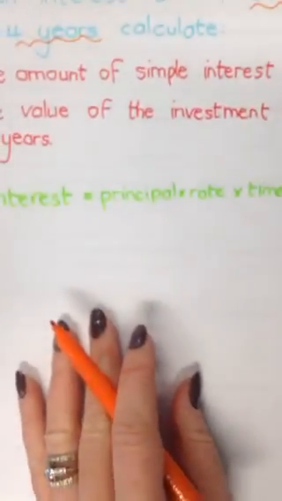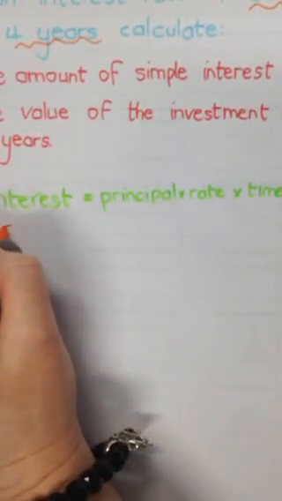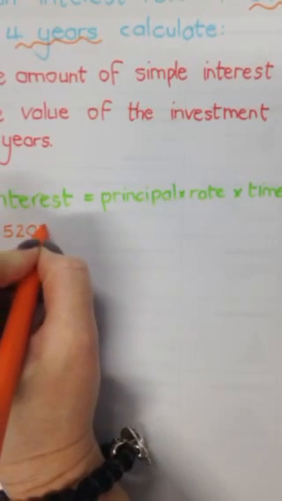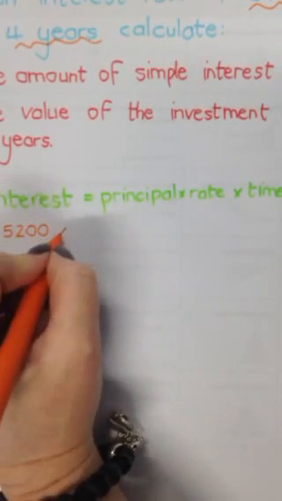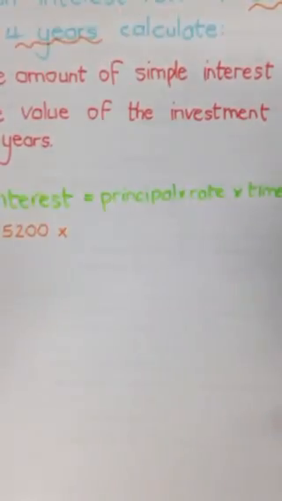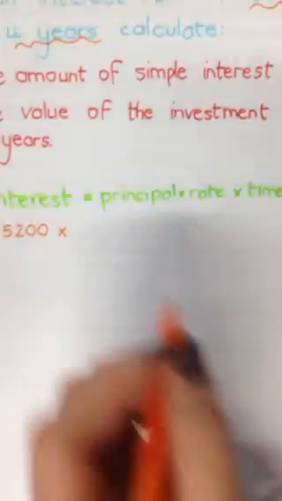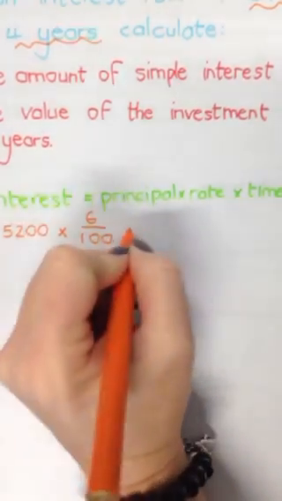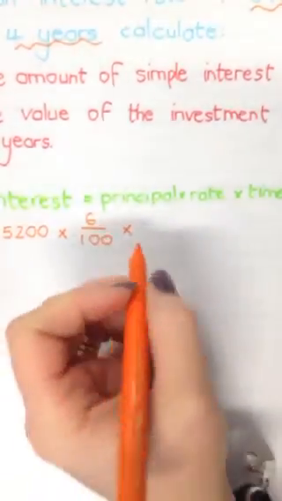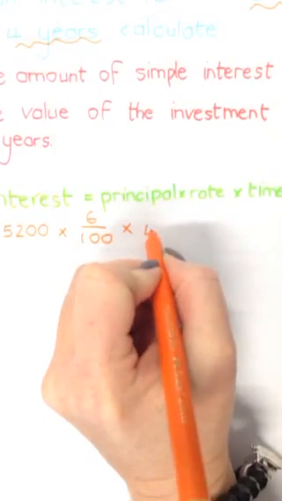Okay, so we're going to go 5,200, okay, multiplied by your rate. Now, our rate was 6%. You have to do that as a fraction. So we're going to go 6 over 100, okay, multiplying by your time, which was 4 years. So we're going to go 4.